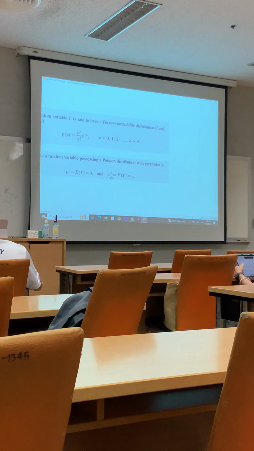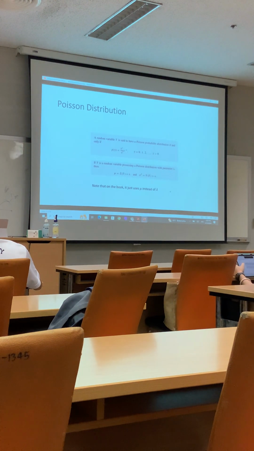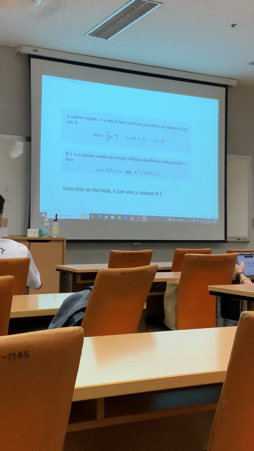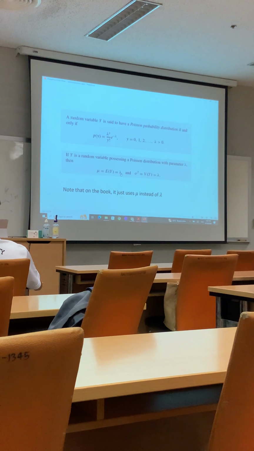In some books, instead of using lambda, they use mu instead. They just put mu instead of lambda because mu and lambda are the same thing. It depends on the people who wrote the textbook. And you can see the variance is also lambda. So the Poisson distribution has this weird property where the mean and the variance are the same.